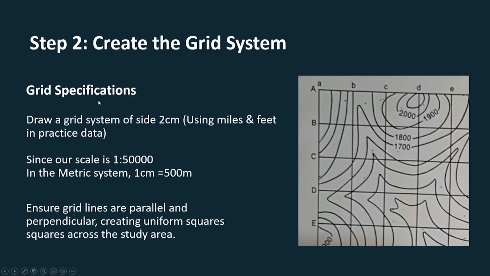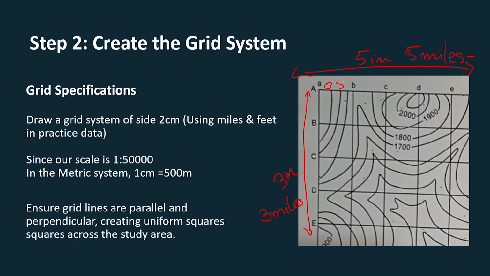Moving on to the second step. Now that we have our practice data of sides 3 and 5 inches, it translates to 3 miles and 5 miles on land. So, we have drawn a grid system.